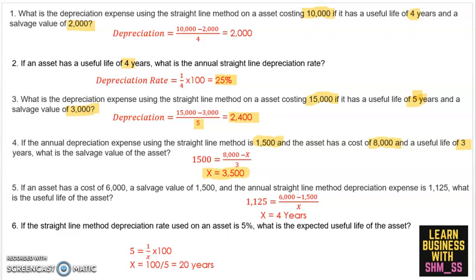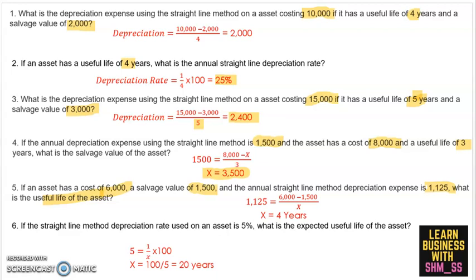Question number 5: if an asset has a cost of 6,000, salvage value is 1,500, and annual straight line method depreciation expense is 1,125, now they are asking for the useful life of the asset. To find the useful life, we can use the same formula: depreciation is equal to cost minus salvage value or residual value divided by useful life.